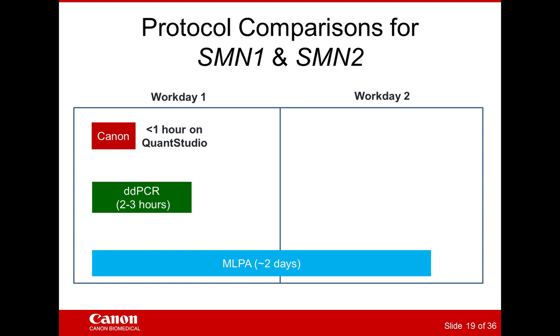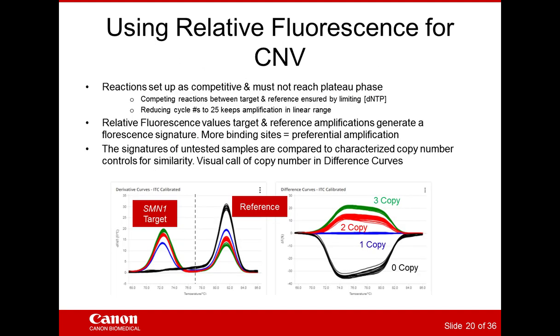And MLPA, while it can take a long time, is highly multiplex, so you can pick up some related SNPs as well that show up in specific groups related to these genes. But if you're looking for a very simple and fast method for determining 0, 1, 2, or 3 or more copies of SMN1 and 2, Novallele is a great solution for you.